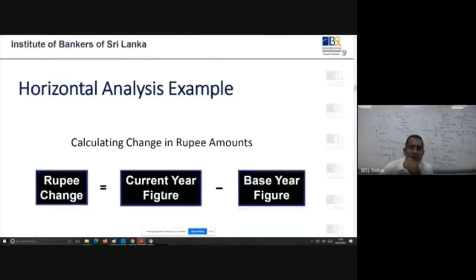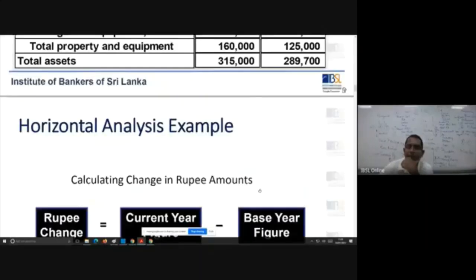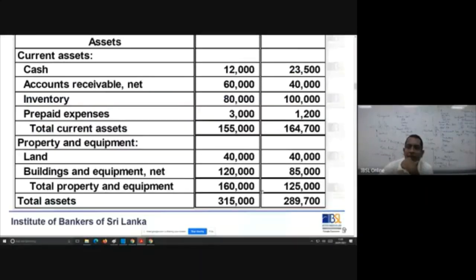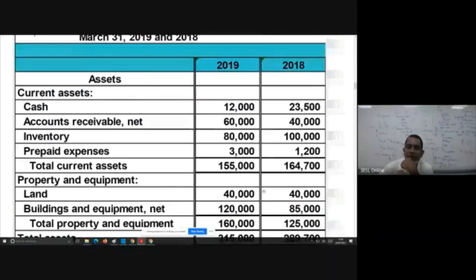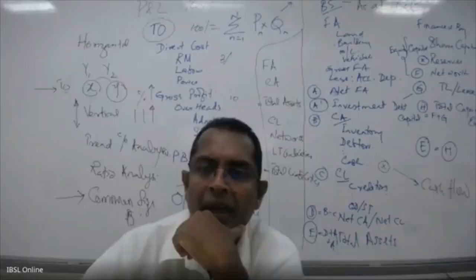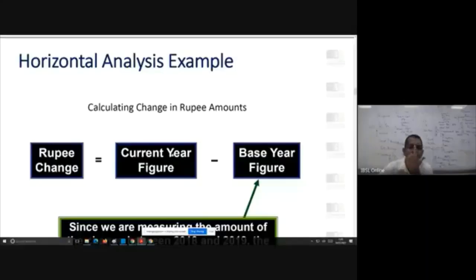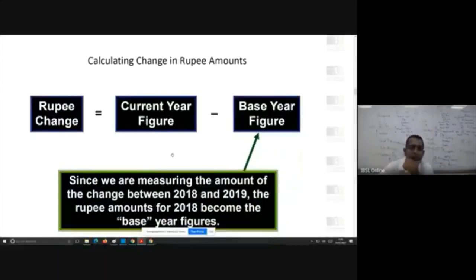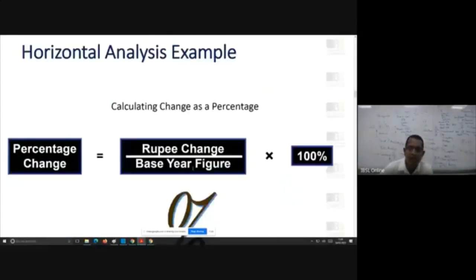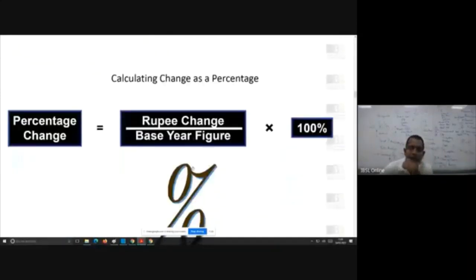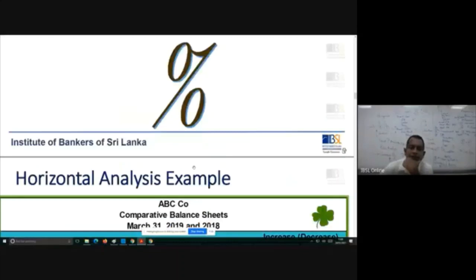Rupee change equals current year minus base year. 2019 is the current year. 2018 is the base year. Right? Percentage change is that rupee change divided by the base year figures. This is the example.